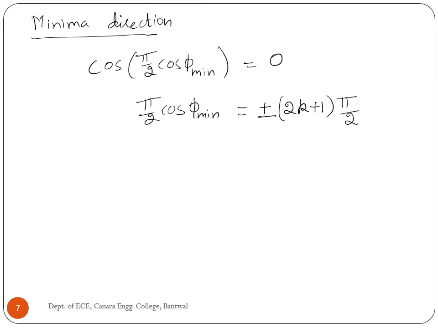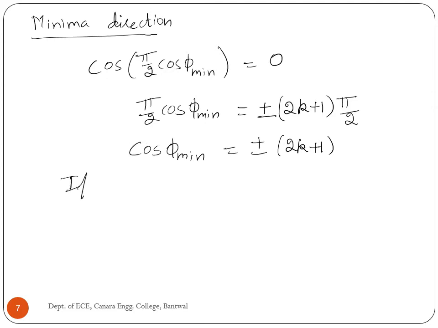We have to generalize the cos inverse of 0, we have to generalize the values. Now phi minimum, cos of phi minimum is equal to plus or minus 2k plus 1.